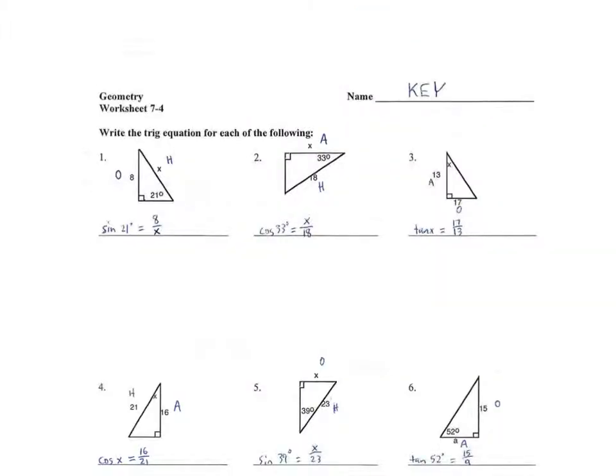Okay, so now your homework from yesterday, we're going to set it up, and I'm going to do the first 3 problems with you. I'm going to make that a proportion, and I'm going to fish hook it. So I'm going to start with 8, multiply by 1, and divide by sine of 21. So 8 times 1 divided by sine of 21 equals 22.32. Number 2, I'm going to make it a proportion again, because I know what the angle measure is.